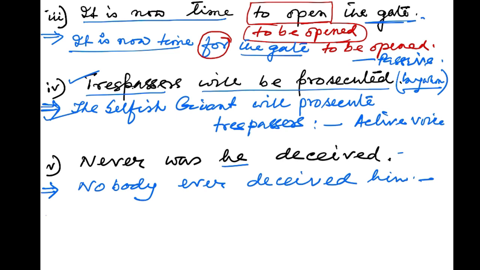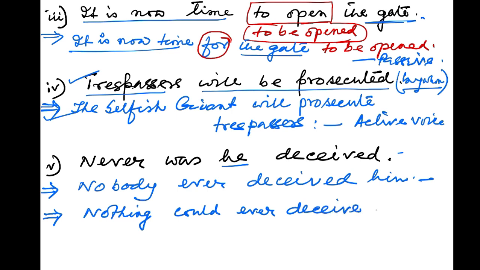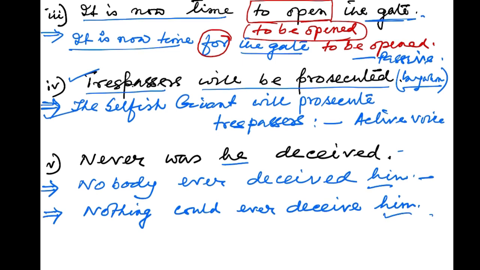You can write this way also: nothing could ever deceive him. This is also correct. So, never was he deceived: nobody ever deceived him, or you may write nothing could ever deceive him.